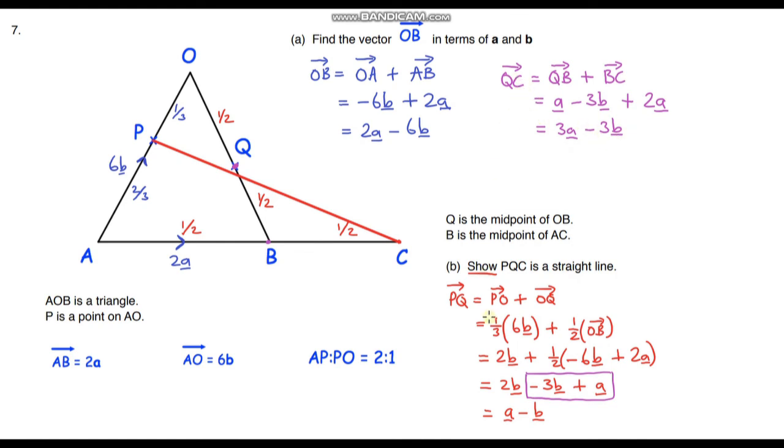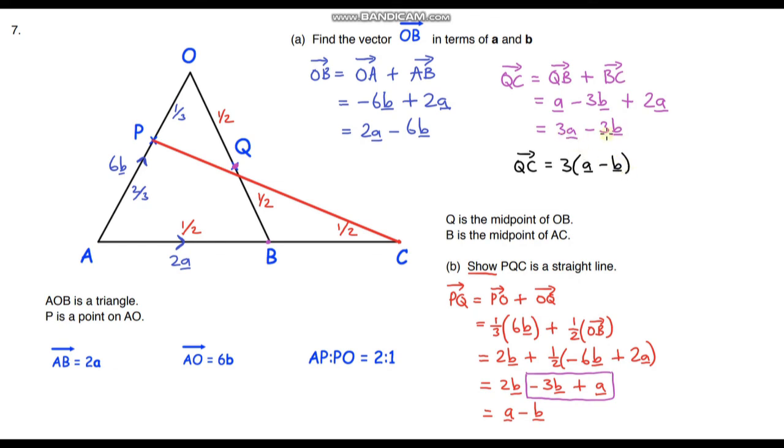Now, the question is: is one of them a scalar multiple of the other? And the answer is yes. It's always a nice relief to have that. So we can see that QC is 3 times bigger than PQ. So we can say that QC is 3 times a minus b.